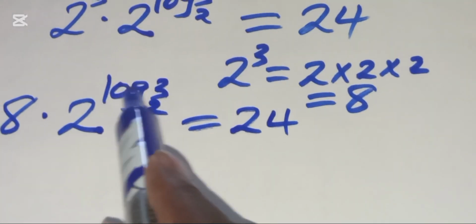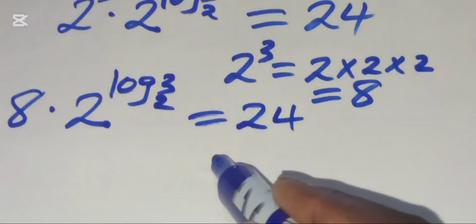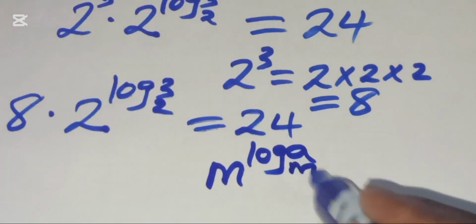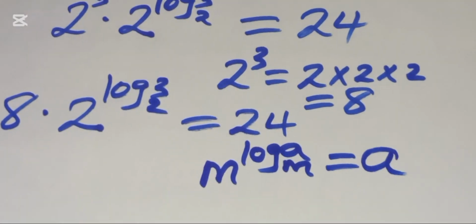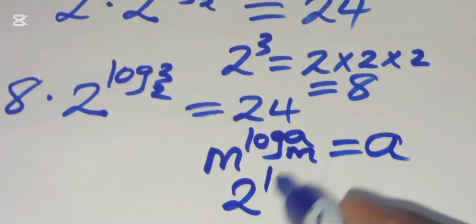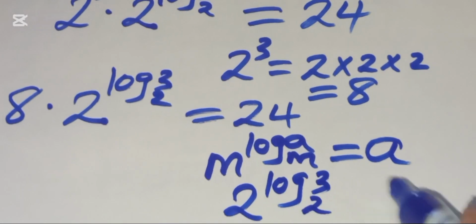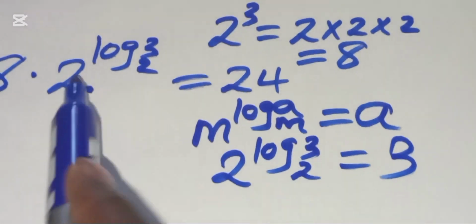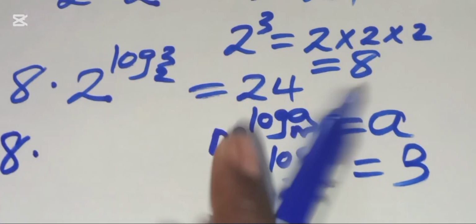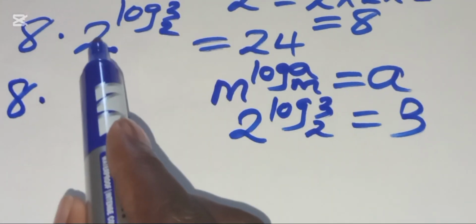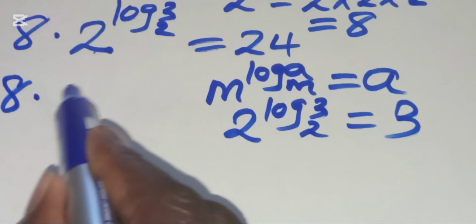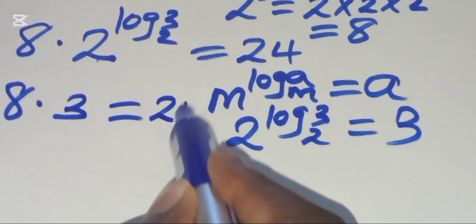Now, 2 to power log 3 to base 2 is in the form of m to power log a to base m, which is essentially equal to a. So 2 to power log 3 to base 2 is equal to 3. Let's substitute this value of 3. So we'll have 8 multiplied by 3, which is equal to 24.